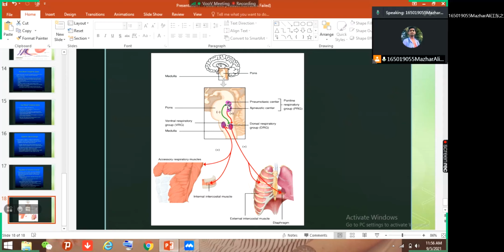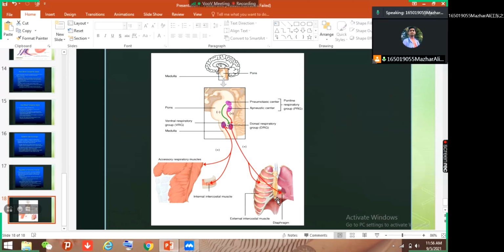The apneustic center gives a positive message to the dorsal respiratory group. The dorsal respiratory group then acts on the intercostal muscles as well as the diaphragm. When it acts on the diaphragm, it causes contraction of the diaphragm. When it acts on the external intercostal muscles, it causes stretching of the thorax.